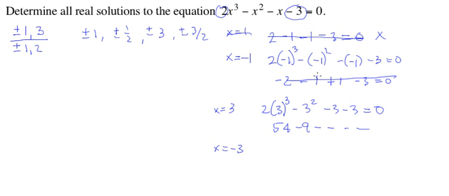Please let it not be a fraction. If we do negative 3, we get 2 times negative 3 cubed minus negative 3 squared. This isn't going to work either. Minus 54 minus 9. No, we're never going to make it back up to 0 after all that. Okay, not good. It's got to be one of the fractions.